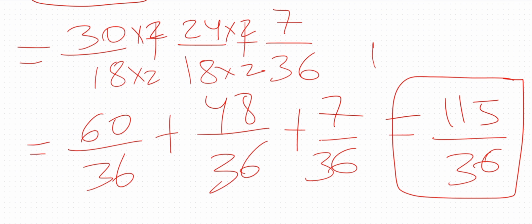We could see that 115 is divisible by 5, but 36 is not. 2 won't work for 115, but it will work for 36. And 3 will work for one, it won't for the other. So in this case, 115 divided by 36 is already simplified to the lowest form.